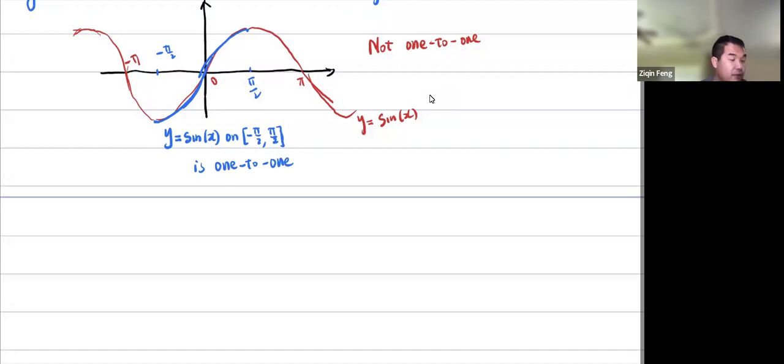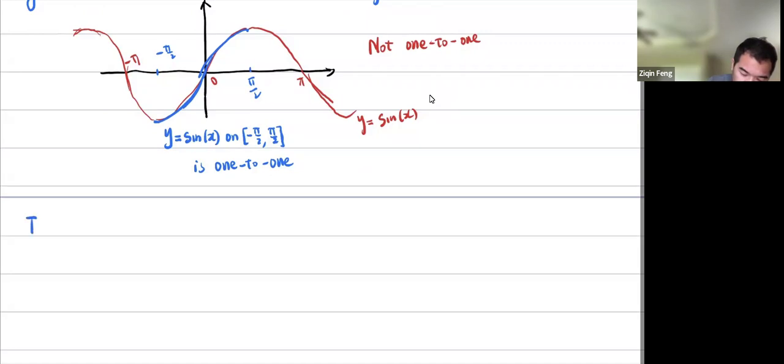If you have an inverse, you can denote x equal to arcsine of y, and rewrite as y equal to arcsine of x. So the inverse of the blue part exists.